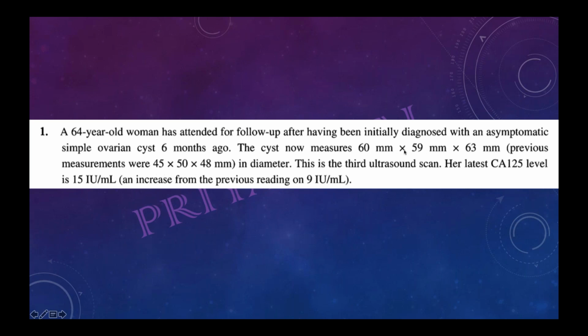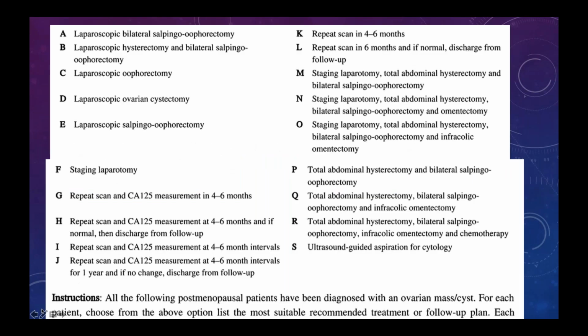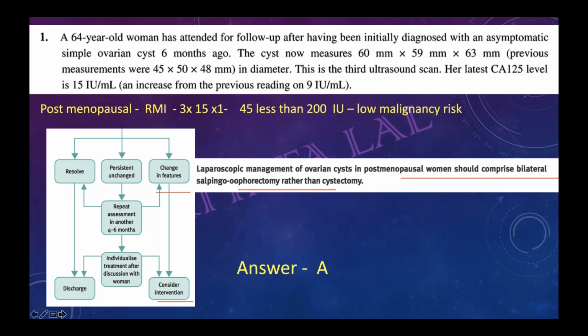Now it is increased. This is third scan. And there is increase in reading from the CA125. So what should be done? So 3 times scan has been done. Still it is there. BSO, ma'am. Yes. So it should be BSO. Laparoscopic oophorectomy is the answer.